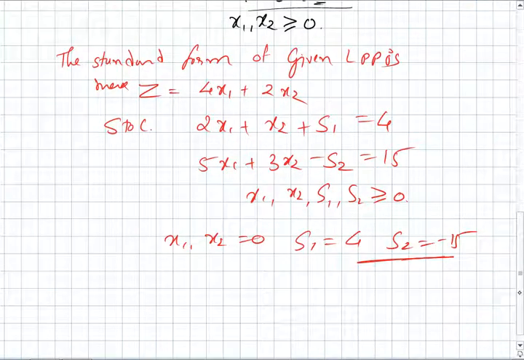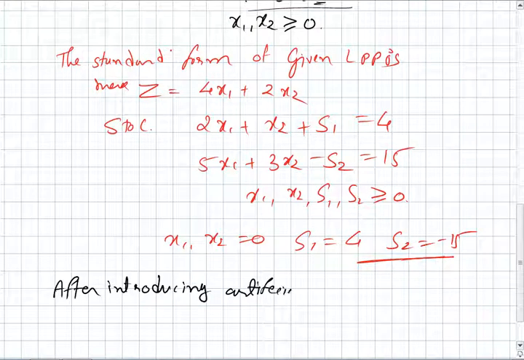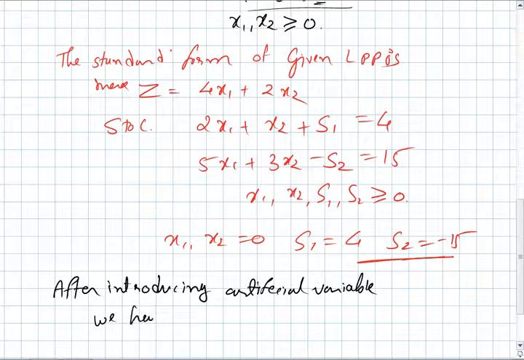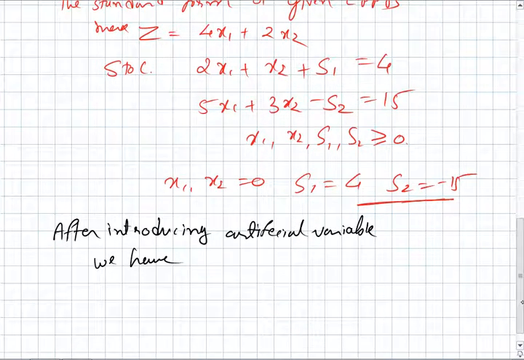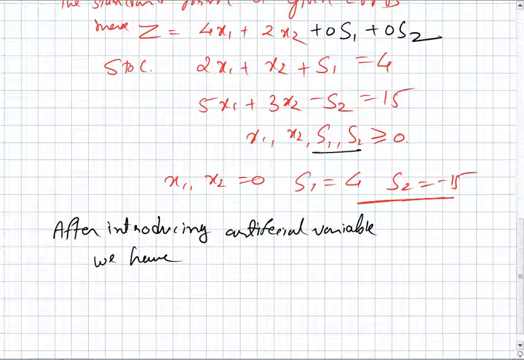So instead of going directly, we add an artificial variable. Here s1 and s2 are not in the objective function, so 0 s1 plus 0 s2. When we introduce the artificial variable, its coefficient is minus M, since the objective function is maximize z.